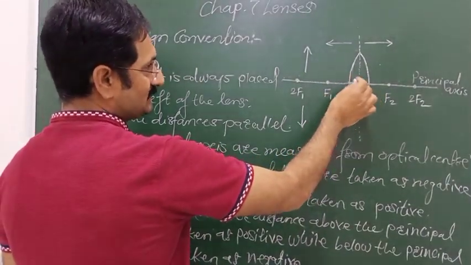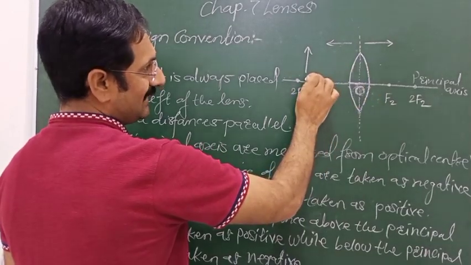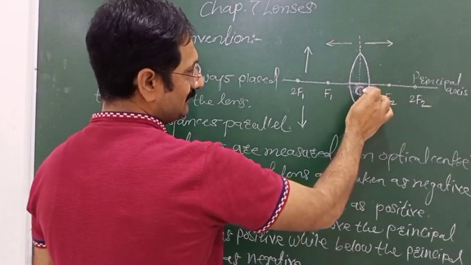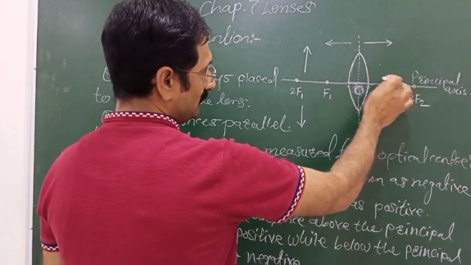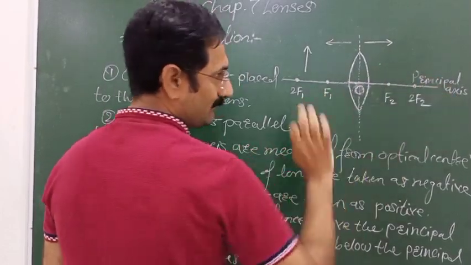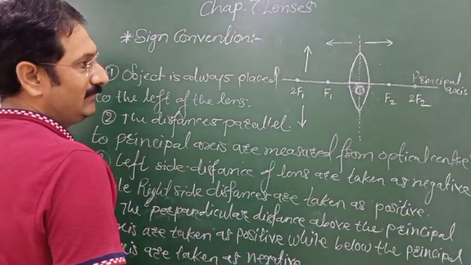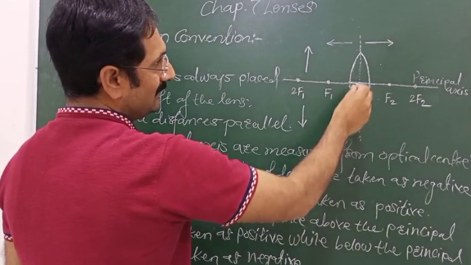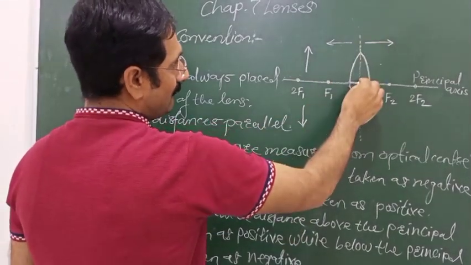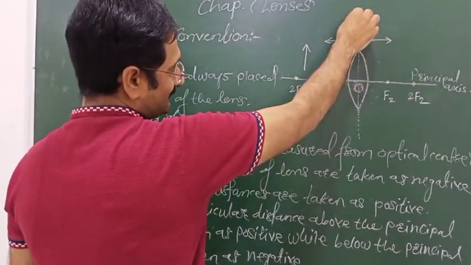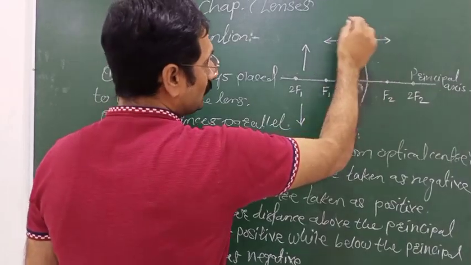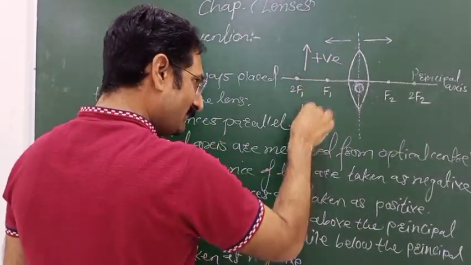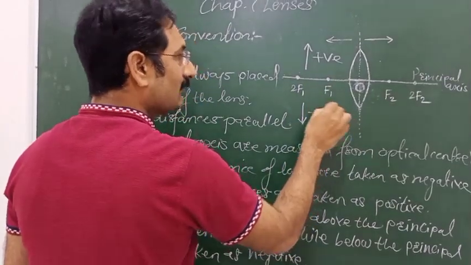All the distances to the left of the origin are taken as negative, while those to the right of the origin are taken as positive, but these distances are parallel to the principal axis. In case of perpendicular distances, all the distances above the principal axis are taken as positive, while those below the principal axis are taken as negative.